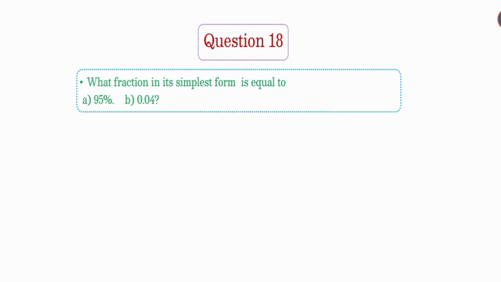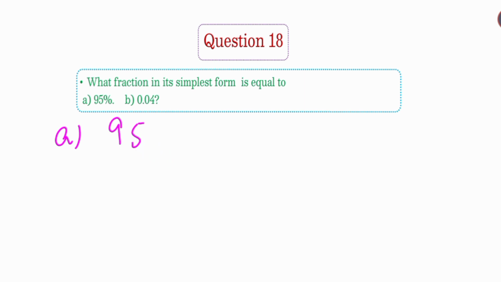Okay, what fraction in its simplest form is equal to 95% and 0.04? Okay, what fraction in the simplest form is equal to 95%? Now to find that out, for A, the percentage sign shows something divided by 100.